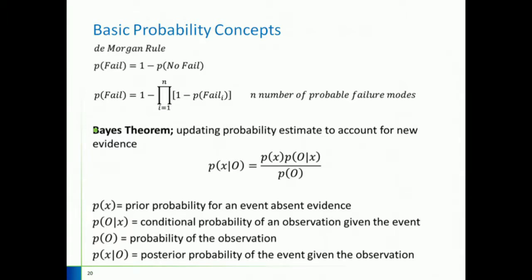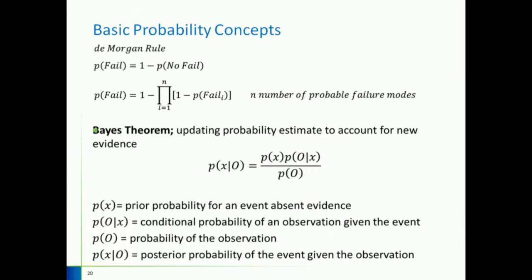I think this is also pretty explanatory. 1 minus no fail is equal to probability of failure. And this equation, if you have, say, 10 different failure modes, and you're looking at overall failure, you have to look at a lot of or statements, right? A can happen, or B can happen.